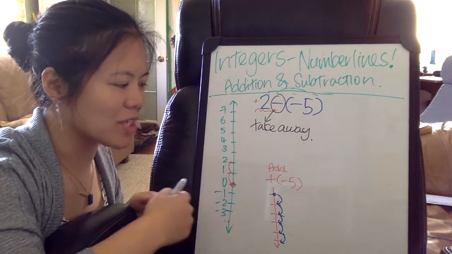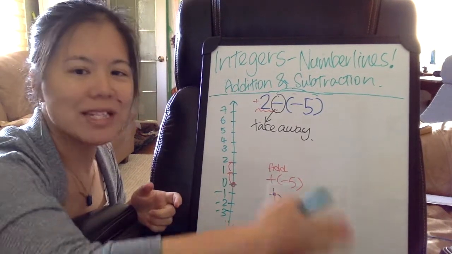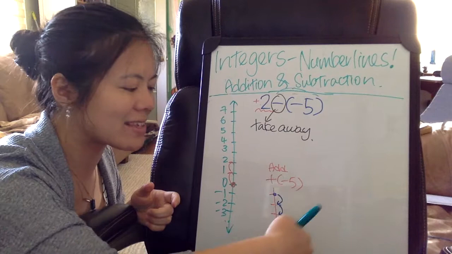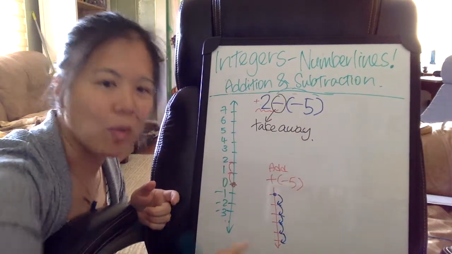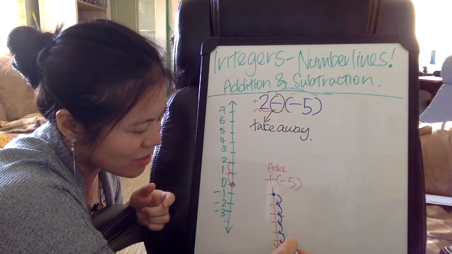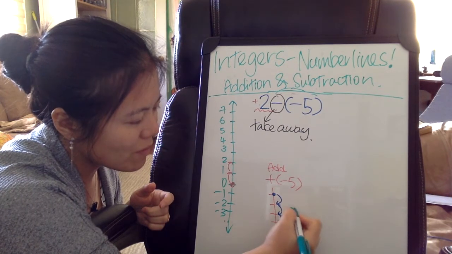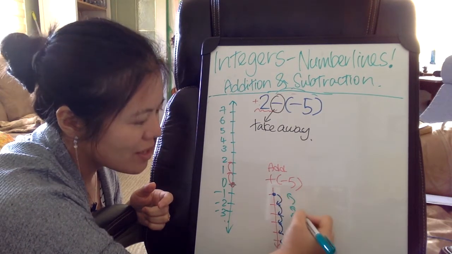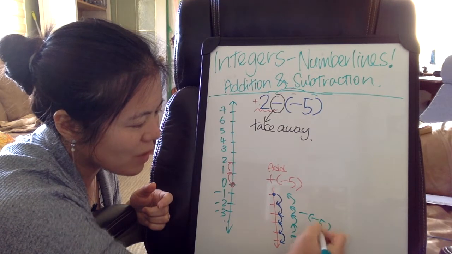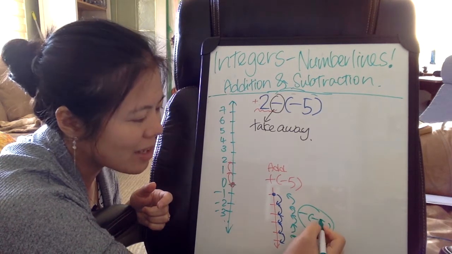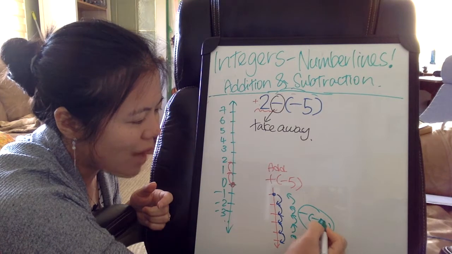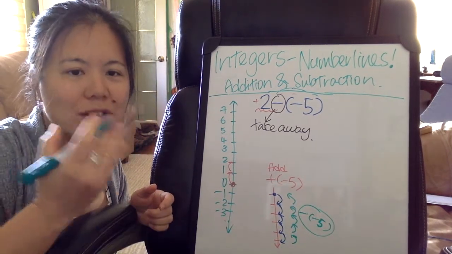So in order to take these steps away, I'm going to go in the opposite direction. So 1, 2, 3, 4, 5. So this is what I'm doing right over here. I'm taking away the 5 steps that I took downwards.